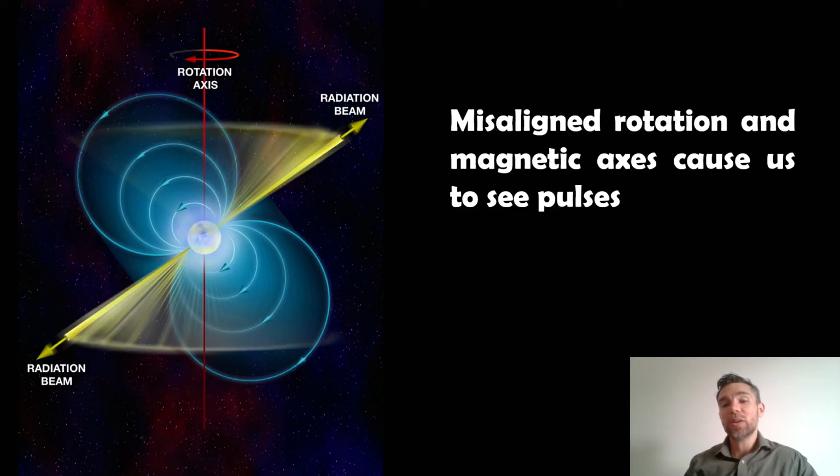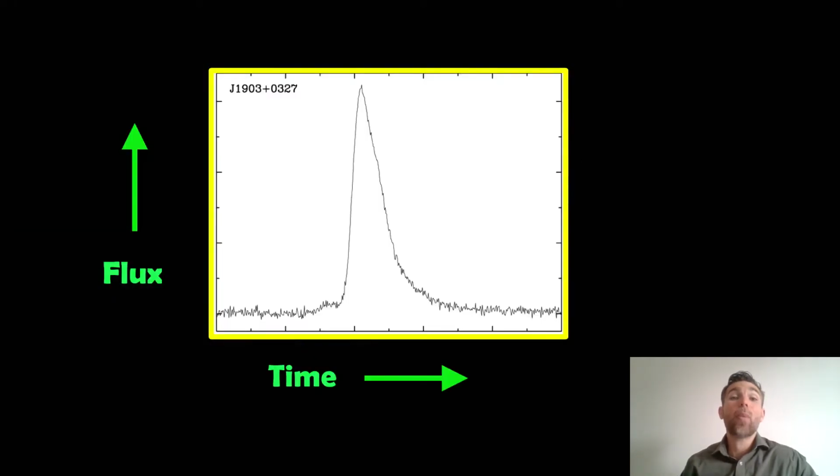And that's due to the fact that the magnetic axis is not aligned to the rotation axis. These are the magnetic poles, not the rotational axis, essentially. So it depends on where the magnetic axis is in relation to the rotation axis. But what we see is these beams sweeping out in space, and if we're in the line of sight of that beam, we will see a pulse, and it might look like this.